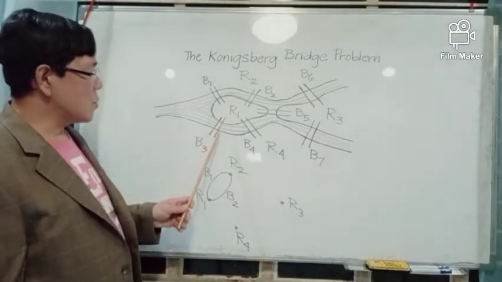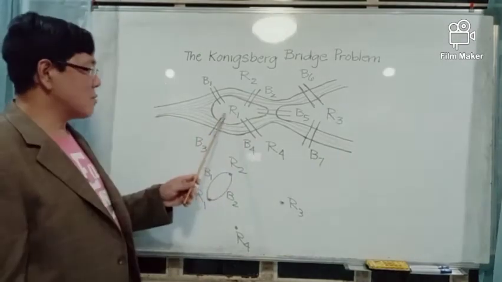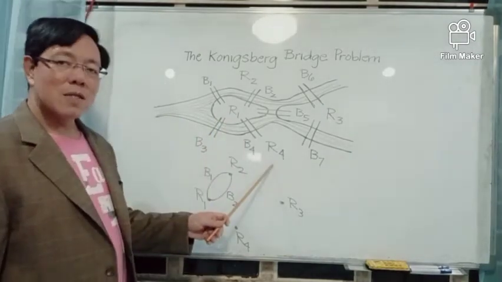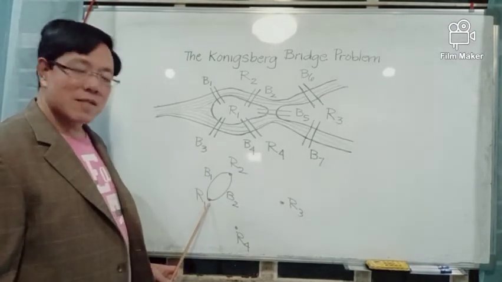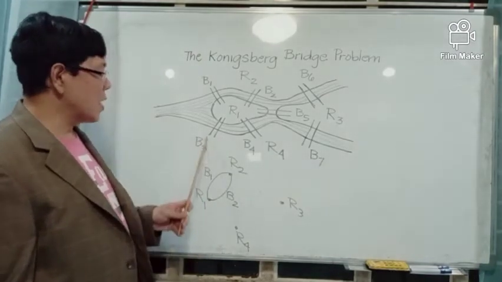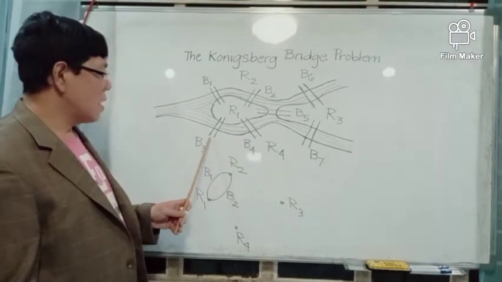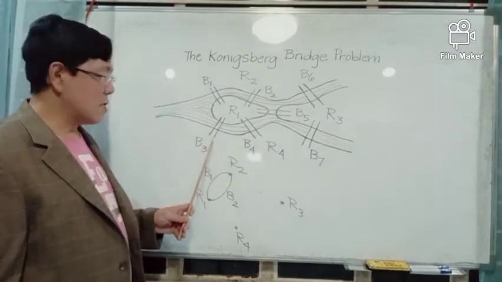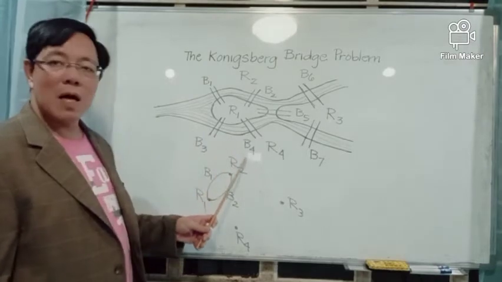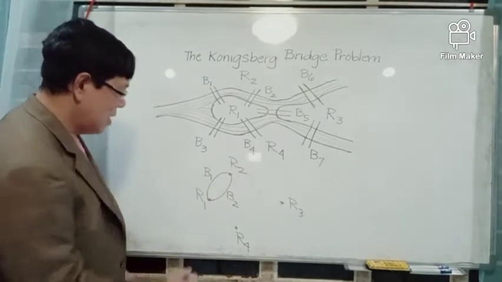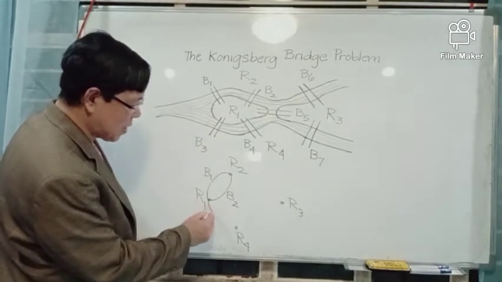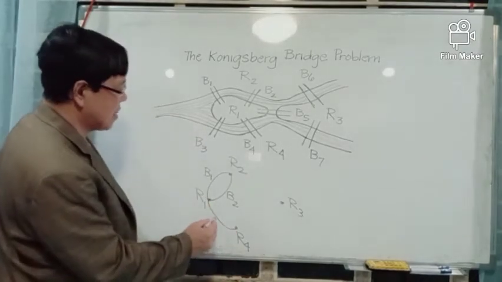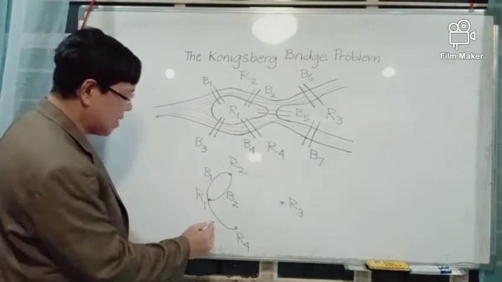Now, there are also two bridges that link regions 1 and 4. That means in our graph, we have to connect the vertices R1 and R4 by two lines. And we will denote these lines or edges by B3 and B4. A line from R1 to vertex R4 would represent the third bridge B3.